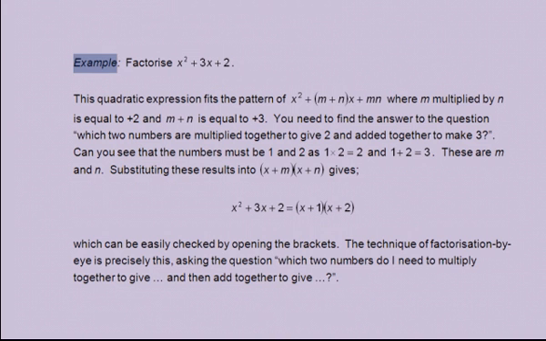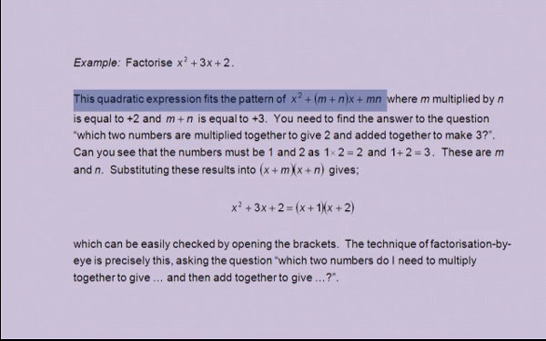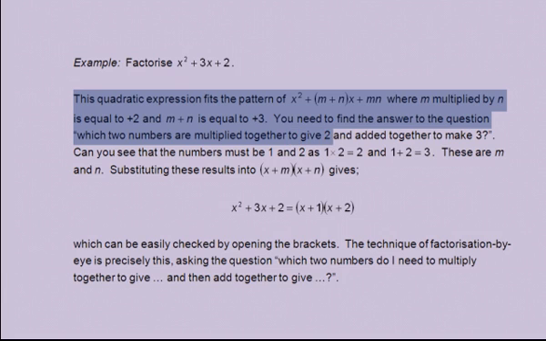Let's do an example. Factorise x squared plus 3x plus 2. This quadratic expression fits the pattern of x squared plus m plus n times x plus m times n, where m multiplied by n is equal to plus 2, and m plus n is equal to plus 3. You need to find the answer to the question, which two numbers are multiplied together to give 2 and added together to make 3?